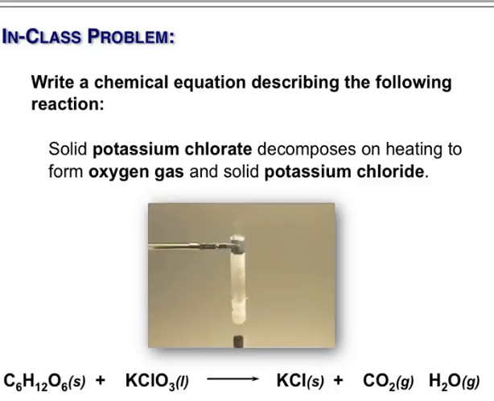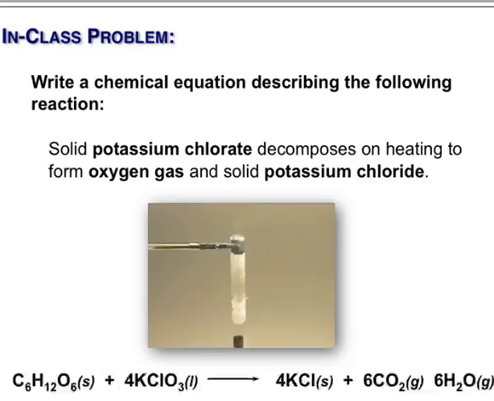We have 12 hydrogens, so we're going to need at least 6 waters. Then you would figure out how many KCl's you need to give the extra oxygen. It turns out something like this: 4 KClO3s, 6 CO2s, 6 waters, and 4 KCl's.